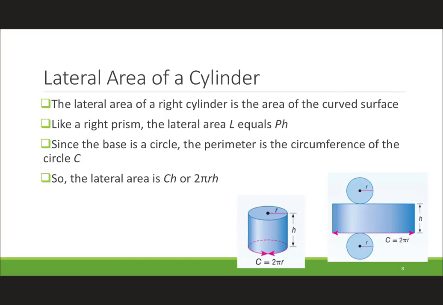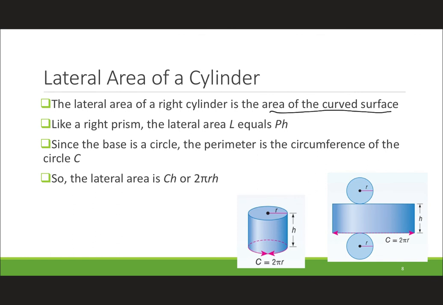Now the equations for the cylinder, for the lateral area and the surface area are actually the same equations. It's just that because they're cylinders, we write out the equations for the circles. So since the lateral area of a cylinder is the area of a curved surface, we have to have pi, because pi goes with curves.